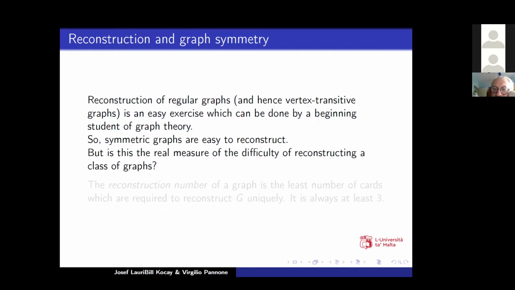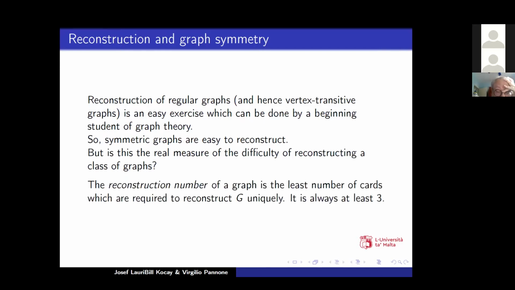But is this the real measure of the difficulty of reconstructing a class of graphs? Let's consider what is called the reconstruction number of a graph, which is the least number of cards required to reconstruct G uniquely. So we don't use all the cards of G. That must always be at least 3.